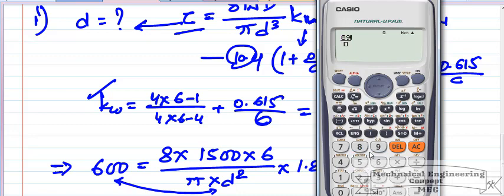8 into 1500 into 6 into 1.2525 divided by pi into 600. D square will come out as 47.84, and the square root of that is 6.91.